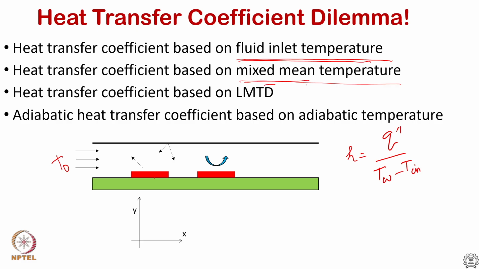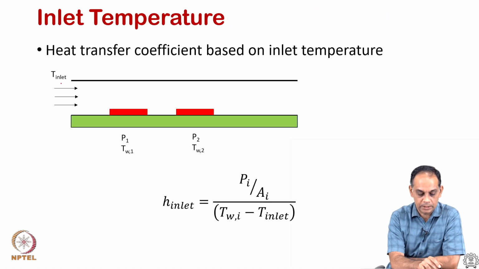We typically use this, but look at this situation and we will discuss this. And the other one is the log mean temperature difference that is often used in heat exchanger design and so on, or what I am going to call an adiabatic temperature. We will hold the discussion for a little later, but we will discuss these two first. And you can see that there is an inlet temperature that comes in. So, I can define my heat transfer coefficient as power of the heat source divided by the area.